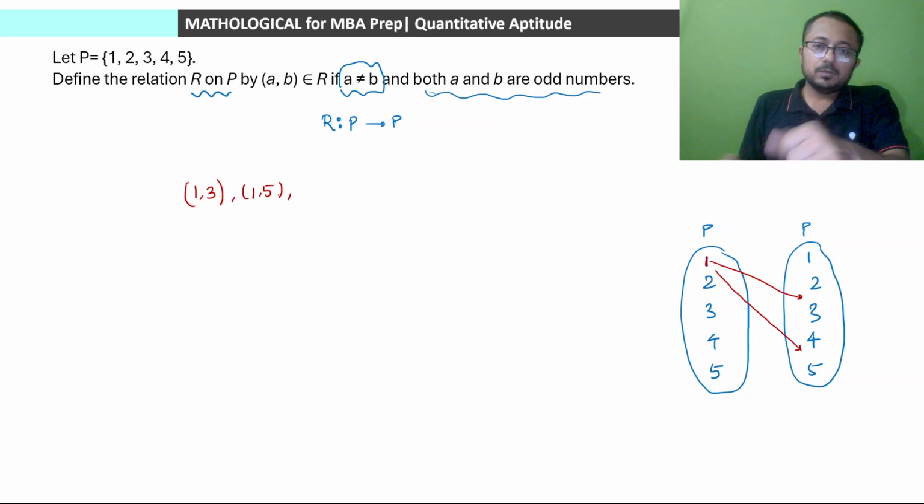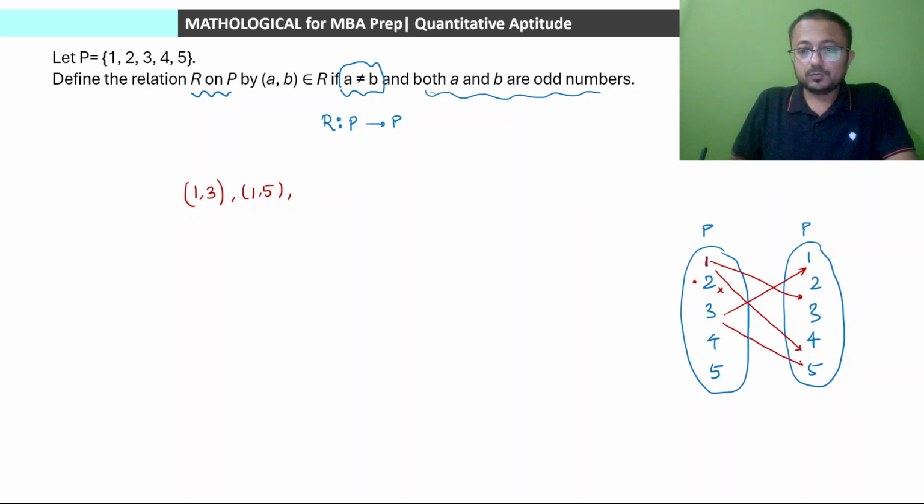For 2 we will not have any relation because 2 itself is an even number and we need both A and B to be odd. Similarly for 3, we have 3 and 1, and 3 and 5, but not 3 and 3 since they are equal. Similarly for 4, no relation because 4 is an even number.